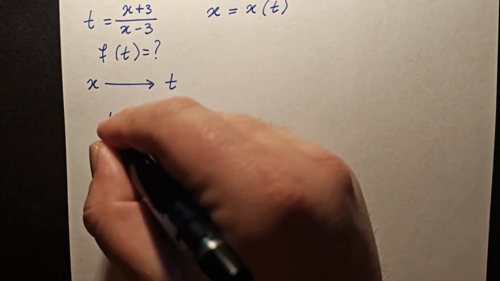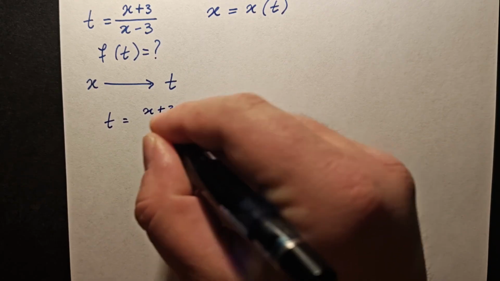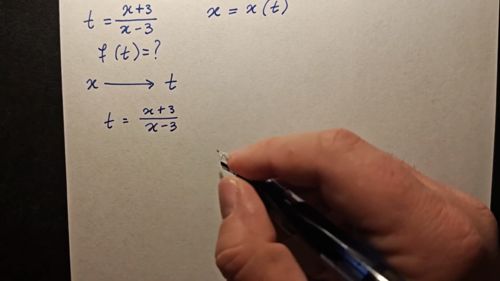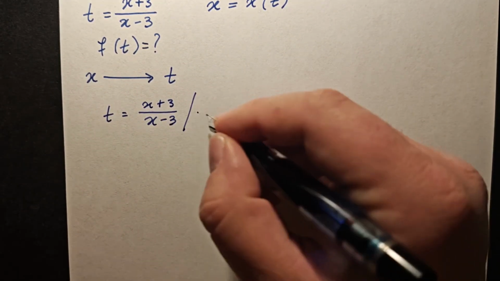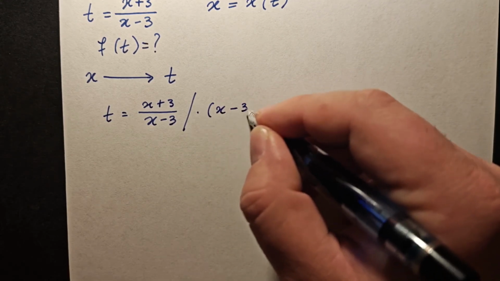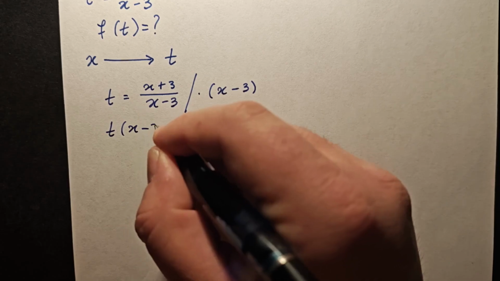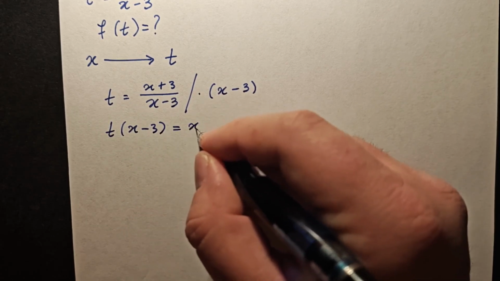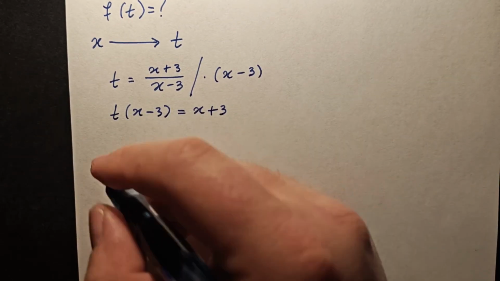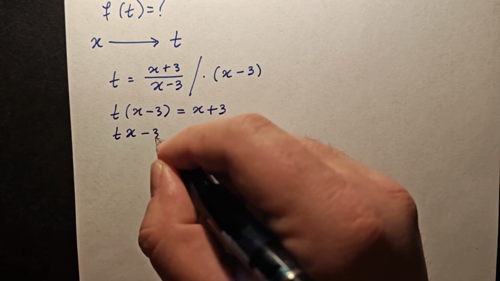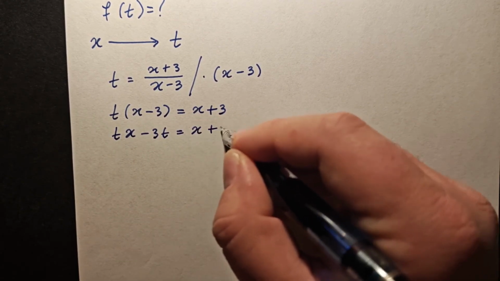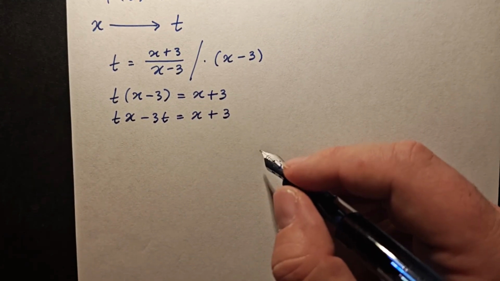So we have that t is equal to (x plus 3) divided by (x minus 3). We can multiply this entire equation by x minus 3, and then it becomes t times (x minus 3) is equal to x plus 3. tx minus 3t is x plus 3 after the expansion.